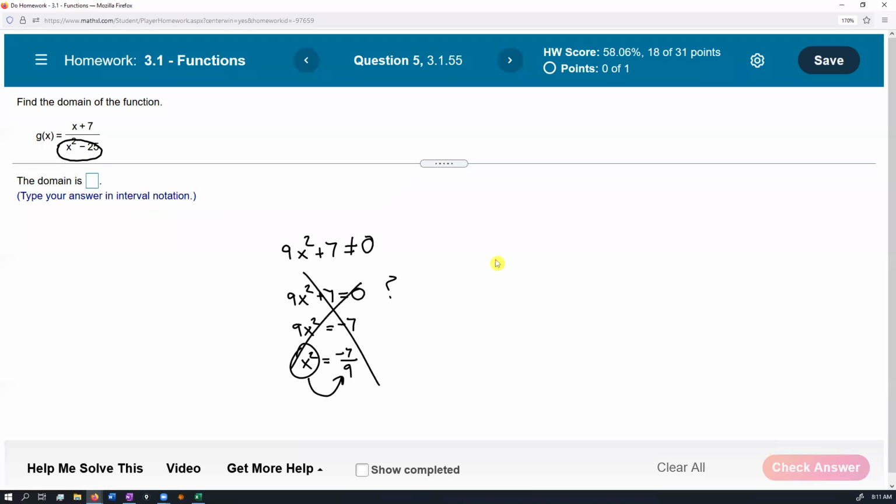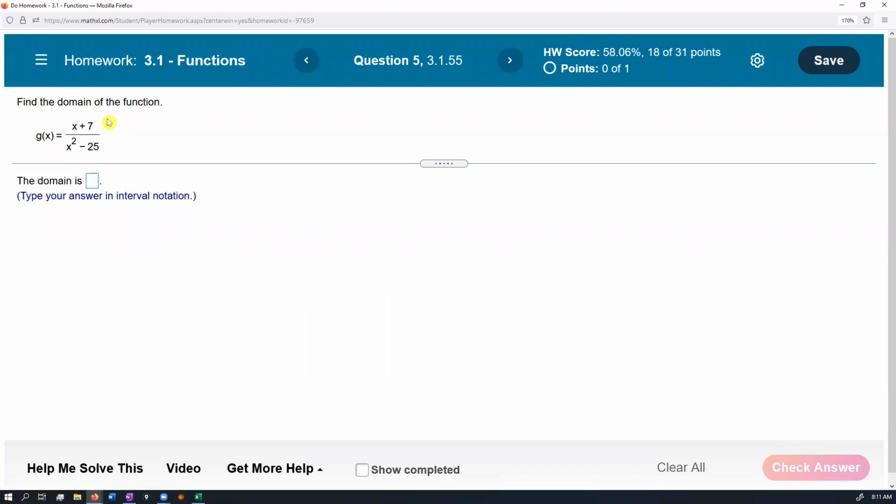Okay. Now in this one, we have a fraction. And so again, I need to look at this and I need to ask myself, is this ever 0? So I want to make sure that this thing is not 0, right? So I ask myself, when is it 0? And I can factor the left side as a difference of squares.